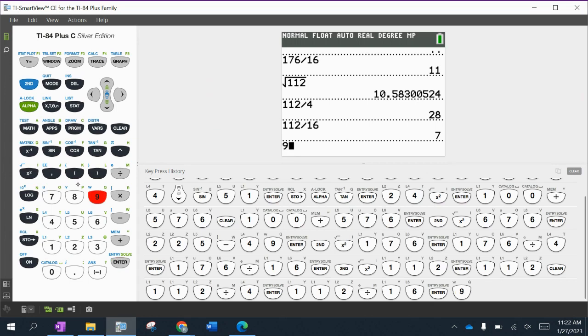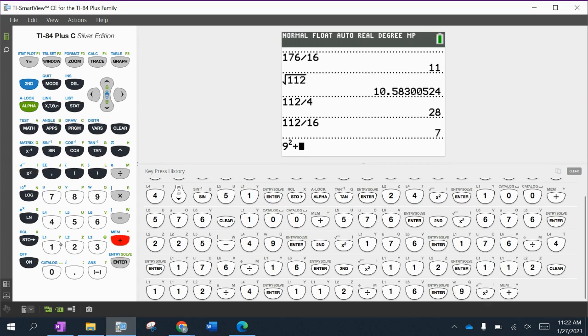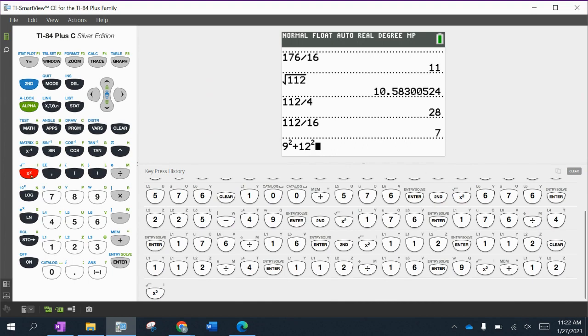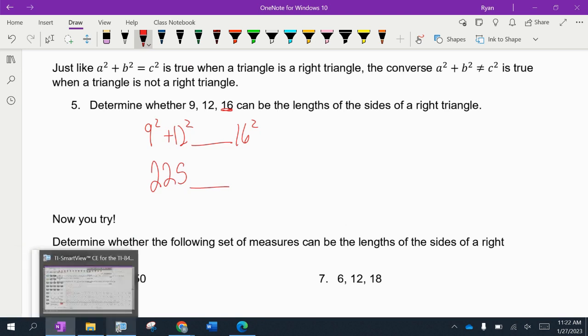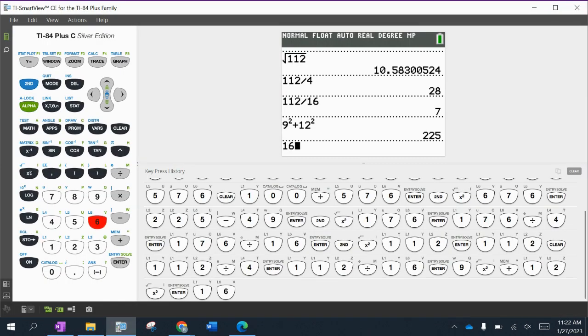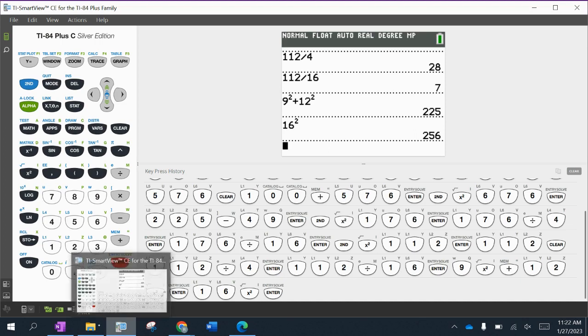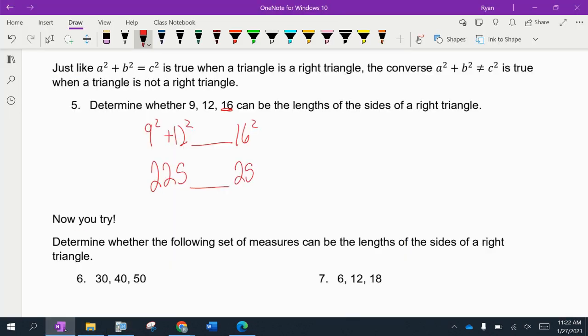So on my calculator, 9 squared plus 12 squared comes out to 225. And then going back to my calculator, 16 squared is 256. And I see that these 2 sides are not equal to each other.